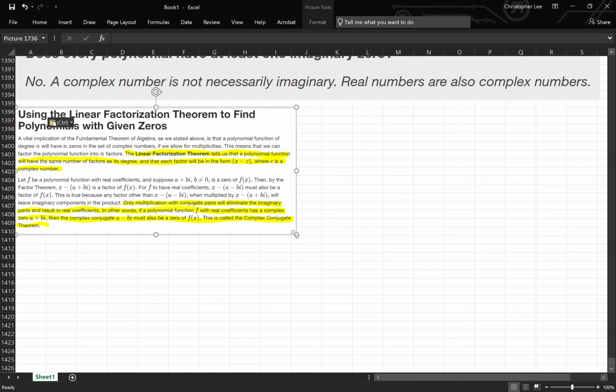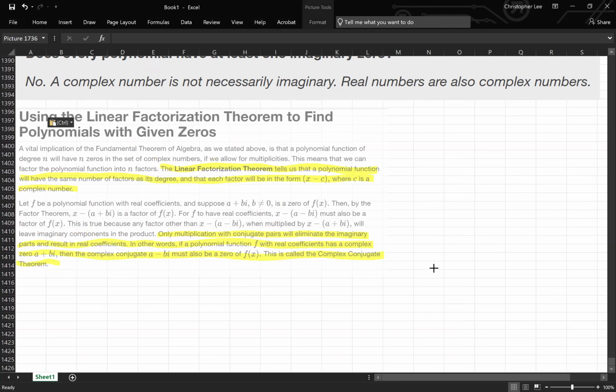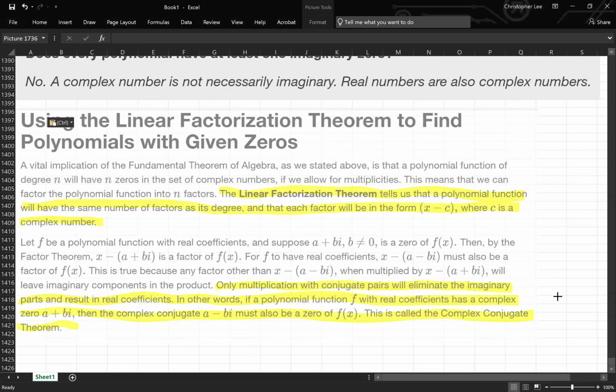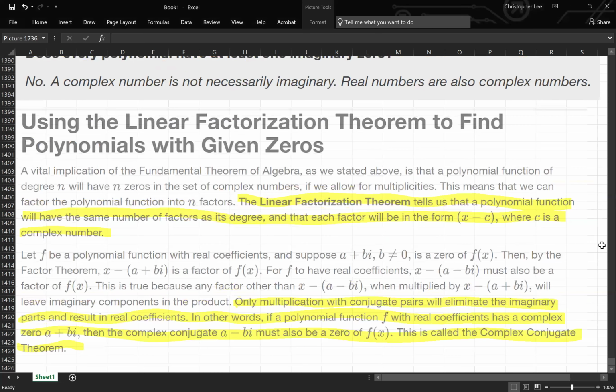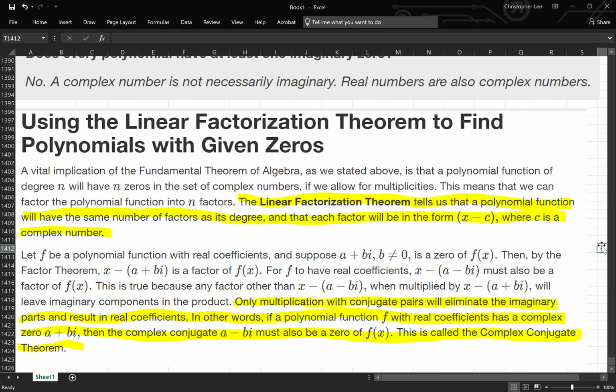So last thing, using the linear factorization theorem to find polynomials with given zeros. A vital implication of the fundamental theorem of algebra, as we stated above, is that a polynomial function of degree n will have n zeros in the set of complex numbers.